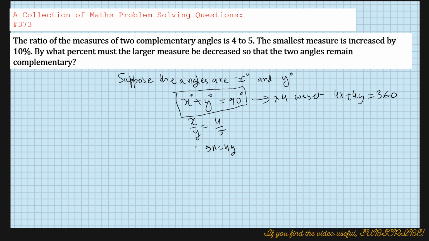So instead of 4y, I can put 5x, so I would get 4x plus 5x equals 360, and therefore 9x should be 360, or x is 40 degrees.